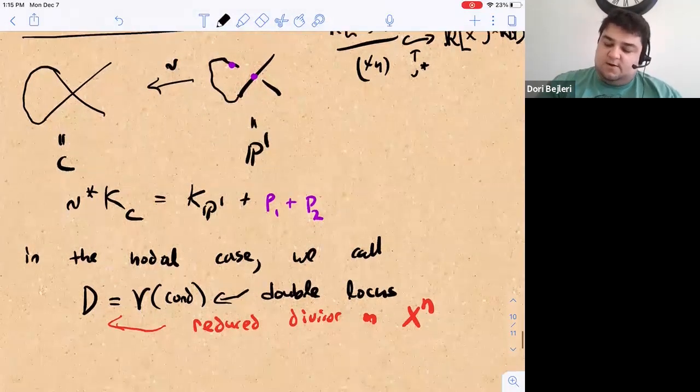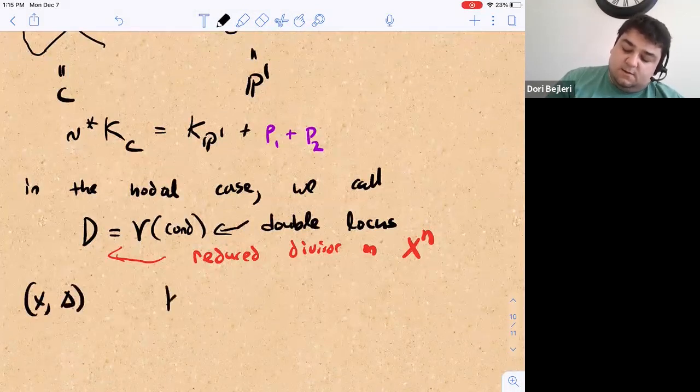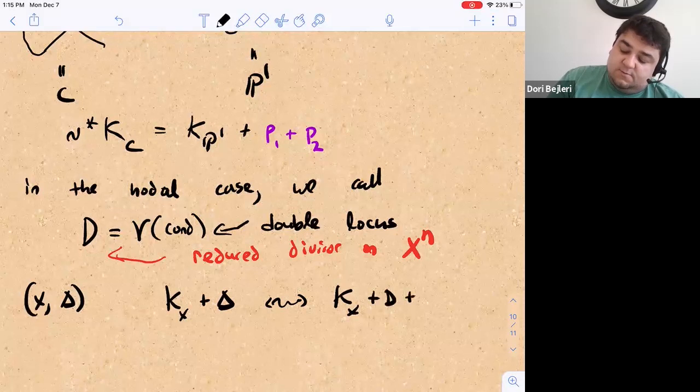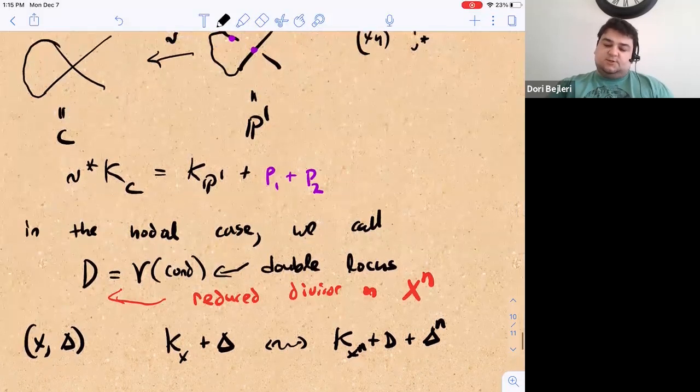And so if we have some pair x comma delta, and we want to understand kx plus delta, this corresponds to kx plus the double locus plus the strict transform of delta on the normalization. Because the double locus comes with the reduced scheme structure, they're reduced divisors, we don't have to worry.